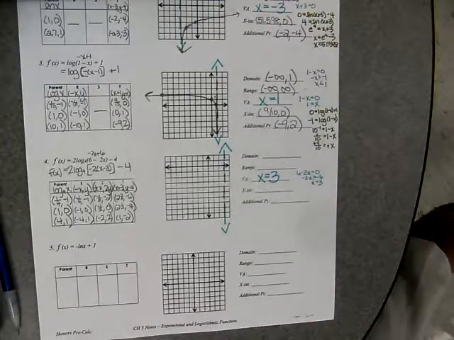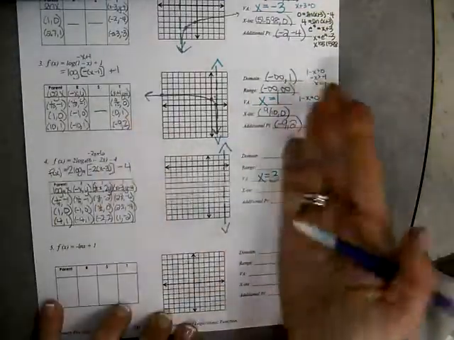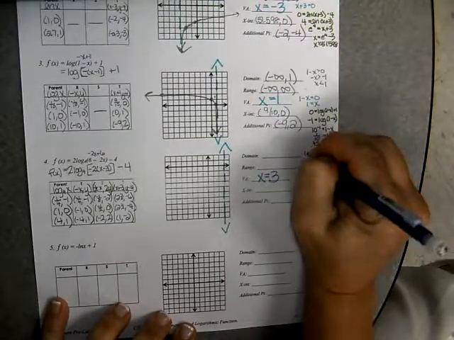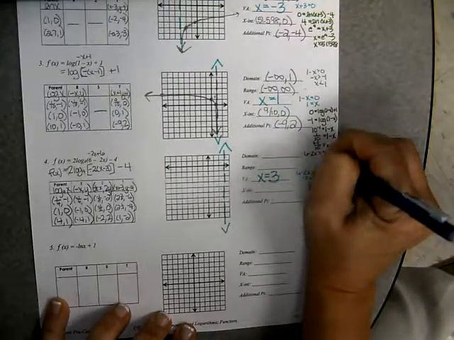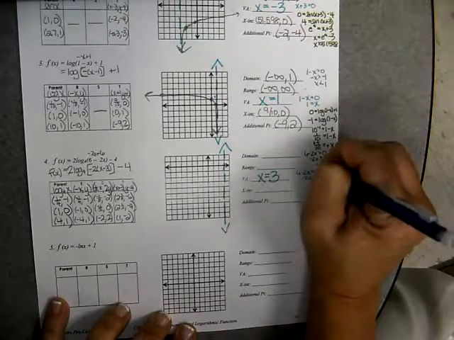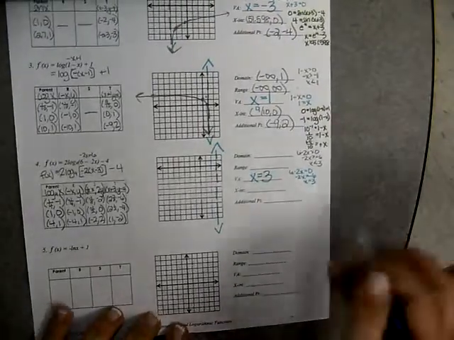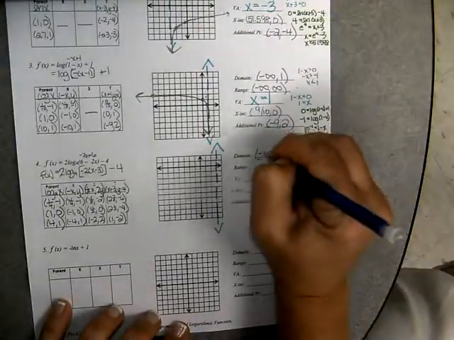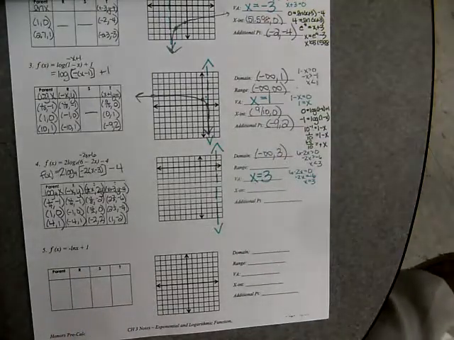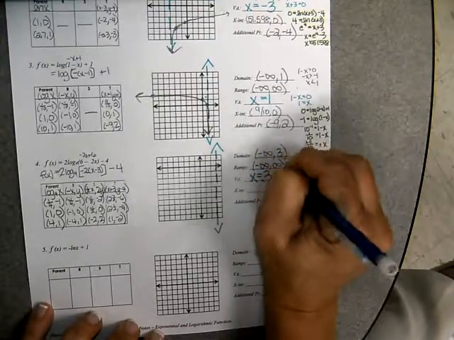You can see that the domain is also going to be affected, and it's either going to be less than or greater than 3. So we could take the 6 minus 2x, set it greater than 0, and once again, you can see that x is less than 3. So that means our domain is going from negative infinity to 3. Our range is all real numbers.